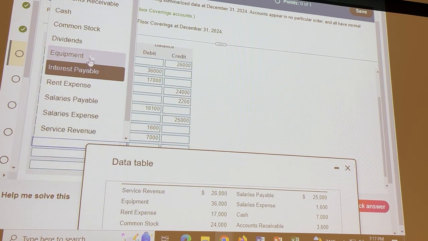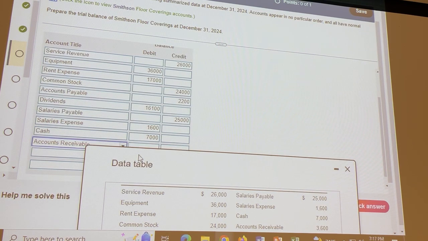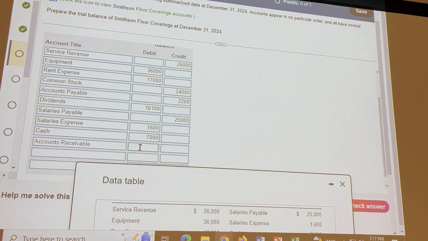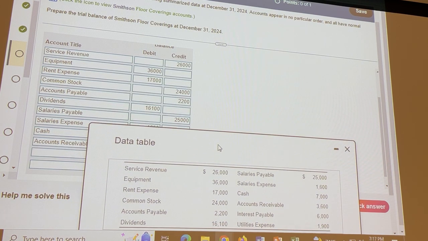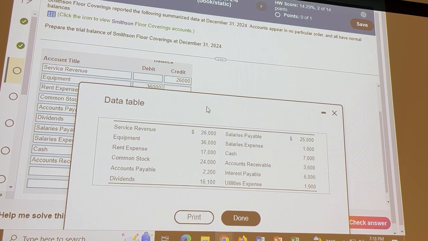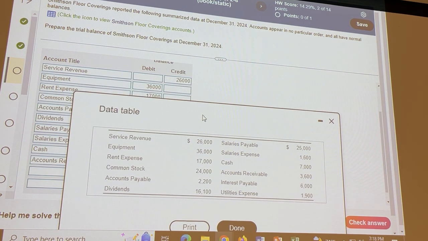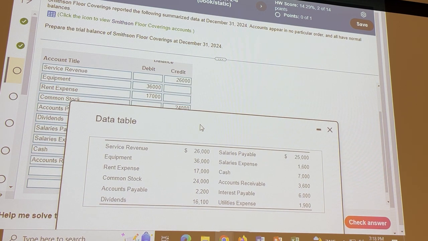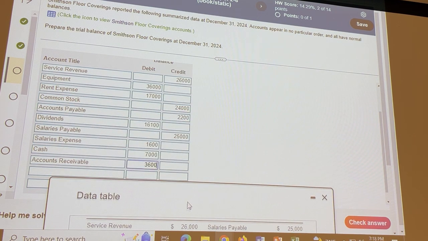Accounts receivable is an asset account, so that's a debit. Interest payable is a liability account.